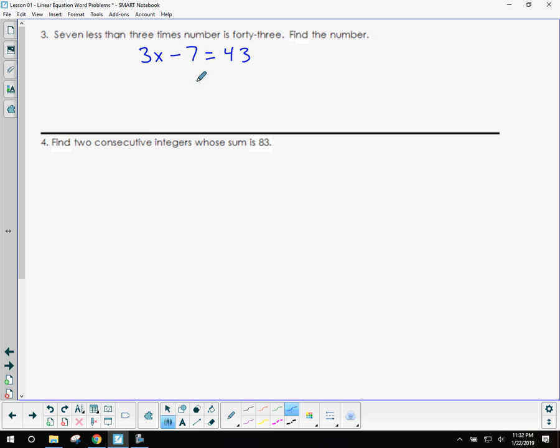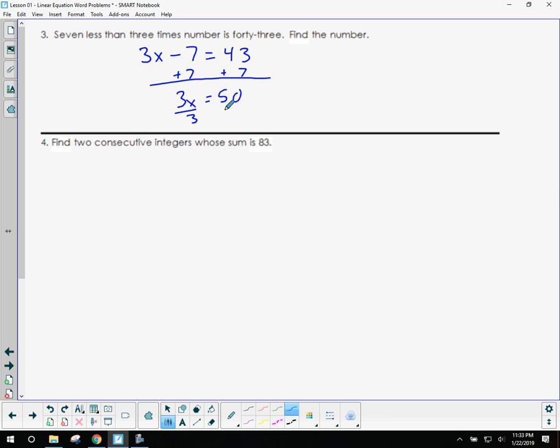So 3x, because those cancel, that's going to be 50. Okay. Divide by 3. X equals 50 over 3, excuse me.